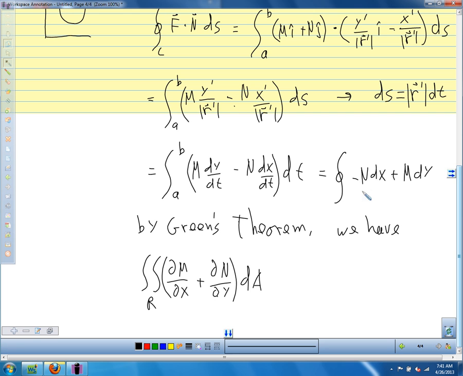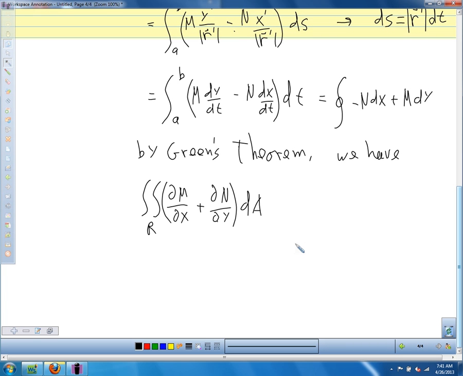So this is our first function, that's our second function. By Green's theorem, we end up with this quantity. What is dm/dx plus dn/dy? Anybody recognize that quantity? Doesn't Green's theorem take dn minus dm? So by Green's theorem, we would take the partial of this. Oh, but then it's negative. Right, negative.